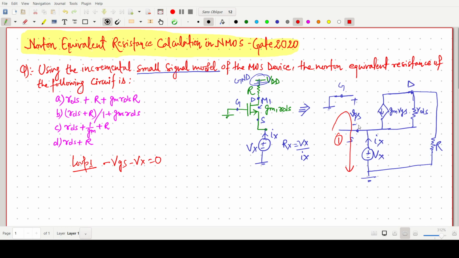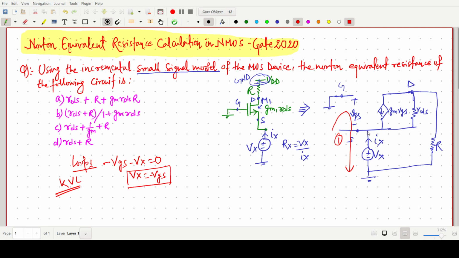You can take plus VGS plus Vx as per your convention, but I am writing minus VGS minus Vx equals 0. So Vx equals minus VGS. This is one expression which is coming from Kirchhoff's voltage law, KVL. We are applying KVL on that side.